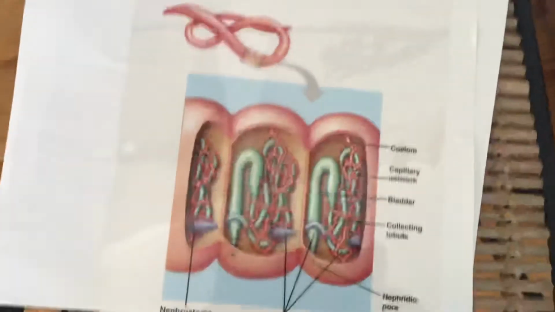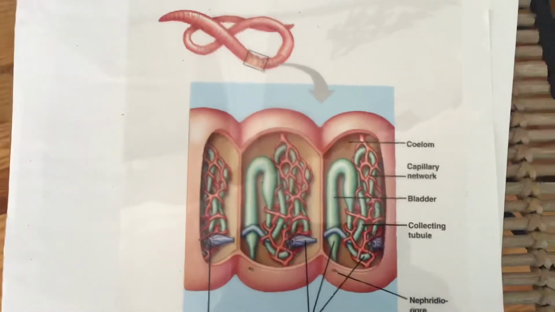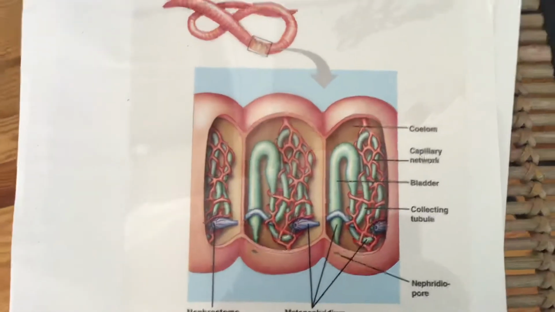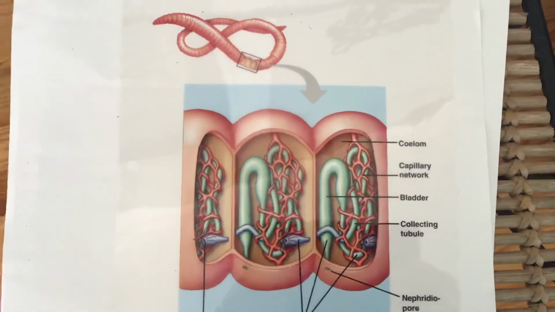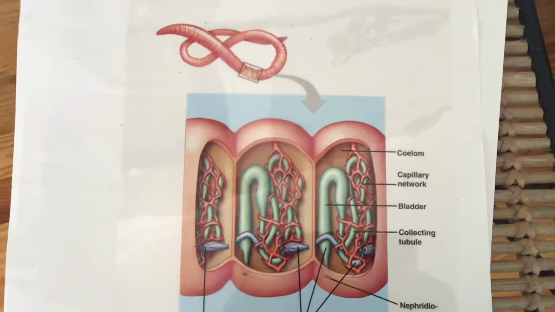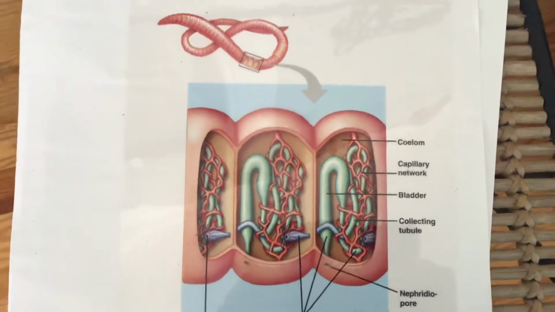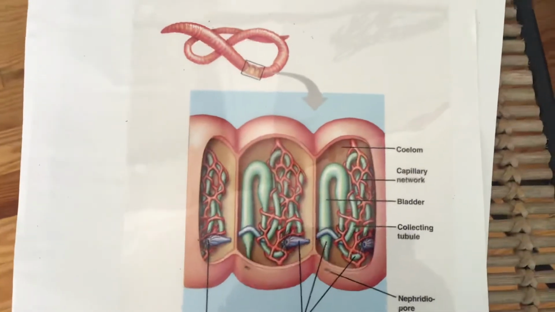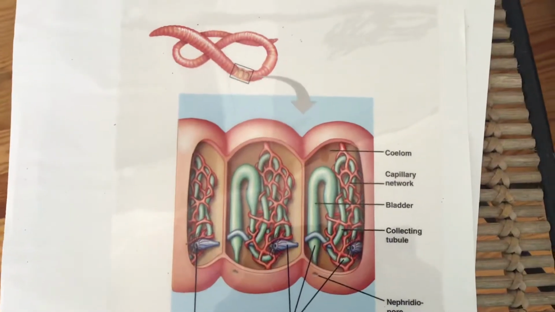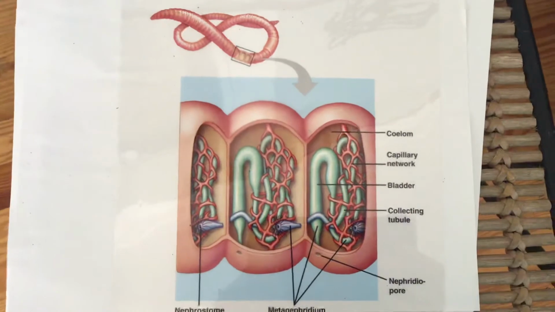Okay, so looking at the metanephridia, it's basically the same idea. It's just bigger. It's going around the vessels that are part of the annelids. Remember that they actually have a circulatory system.